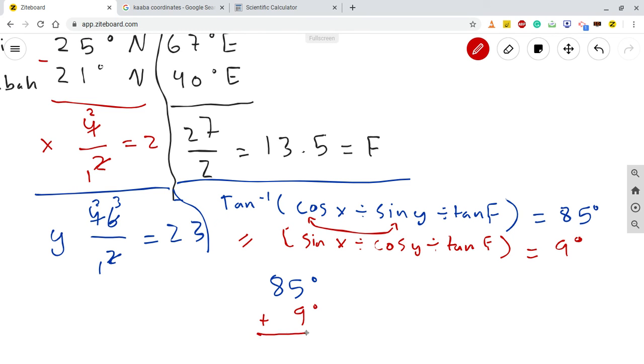Then let's just equal it. So it's 94. Okay, now it's 94 degrees.